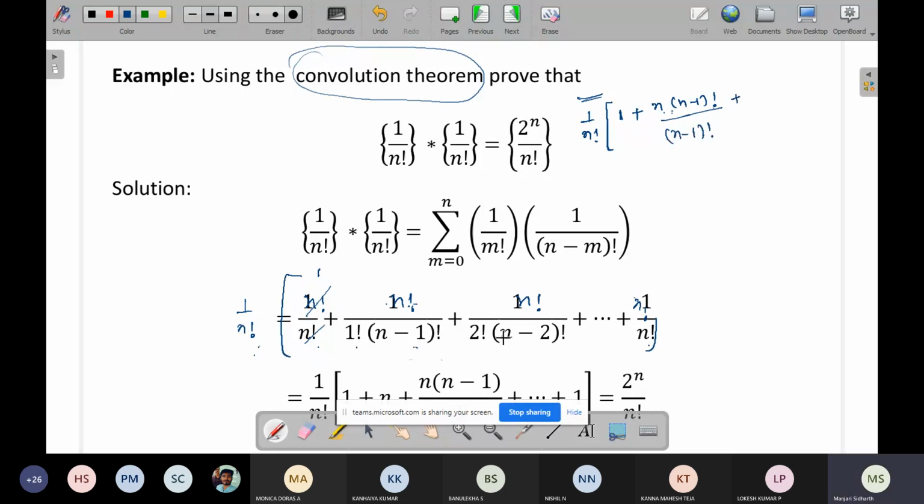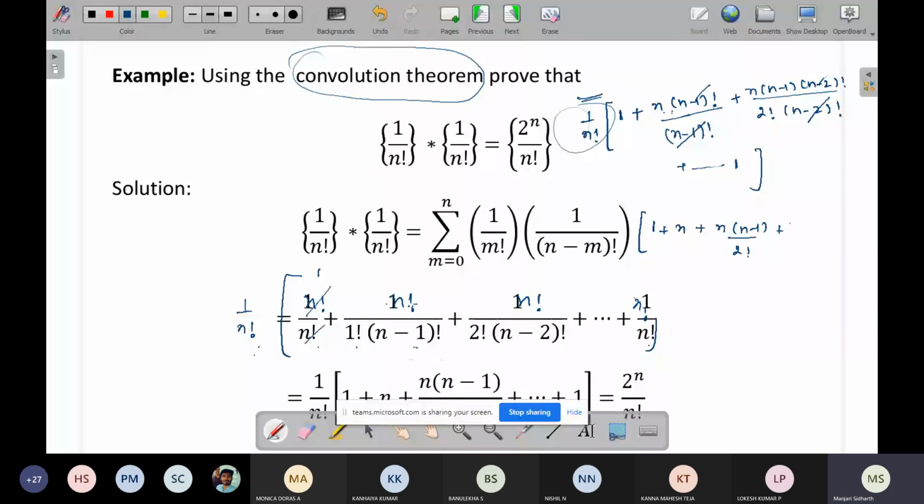Now here it is n minus 2, so I'll write n minus 1 and n minus 2 factorial, and in the denominator 2 factorial and n minus 2 factorial, right? See here, n minus 1 cancelled out, and n minus 2 factorial with n minus 2 factorial cancelled out. So what will you get? In the last, 1 by n factorial is outside only, so I'm not writing that. And you get n minus 1 by 2 factorial.